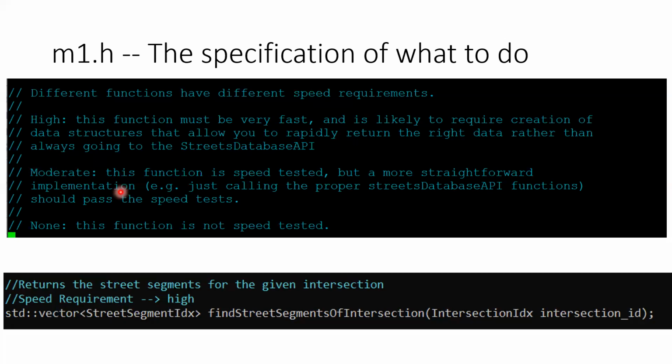A moderate requirement means that this function is speed tested, but it's not required to be really fast, so a more straightforward implementation like what we just did should pass the test. None means the function is not speed tested. And the function we're looking at right now has a high speed requirement.